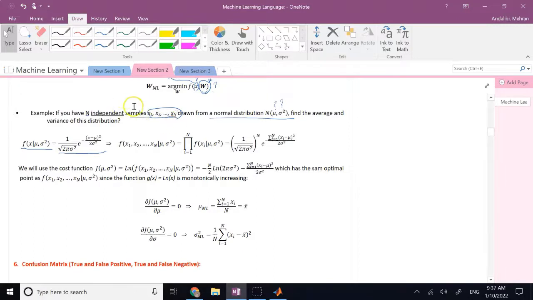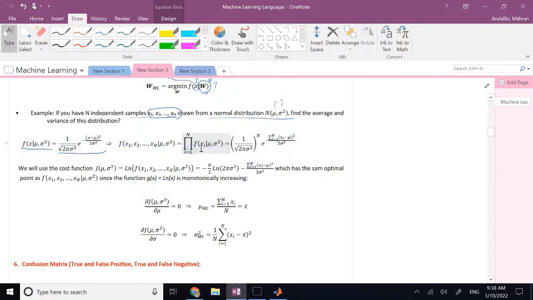So if these outputs are all independent from each other, then the chance that I can get all of these outputs from the same normal distribution is going to be the product of the individual ones. If I plug in x1 here, it gives me the formula for it. If I plug in x2, it gives me x2. If I want to get all of them at the same time, it means what? Together, it should be the product, and that's where we use the pi term.